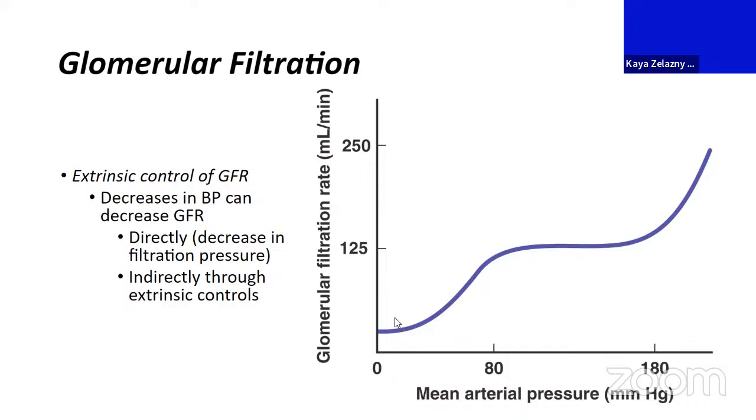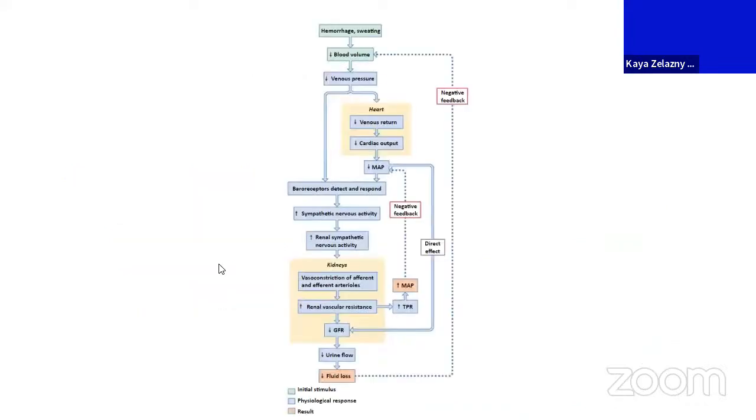Okay, so we're going to want to be able to regulate that as well. Okay. Those decreases in blood pressure would both directly have an effect on that glomerular filtration rate, and then they would also indirectly have an effect through some of these extrinsic controls.